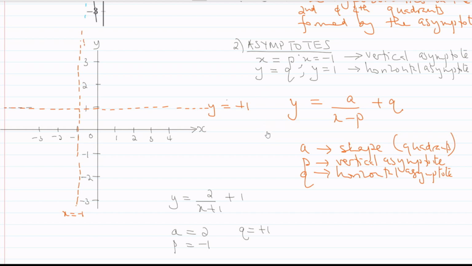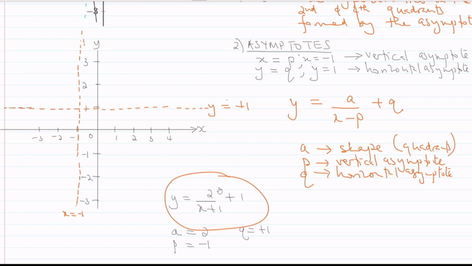Now, the next thing that we have to look at in this equation, the equation that we are using here, is the 2. Okay, 2, remember, is our a. It represents the shape. Now, in which quadrant is our hyperbola, those two curves?